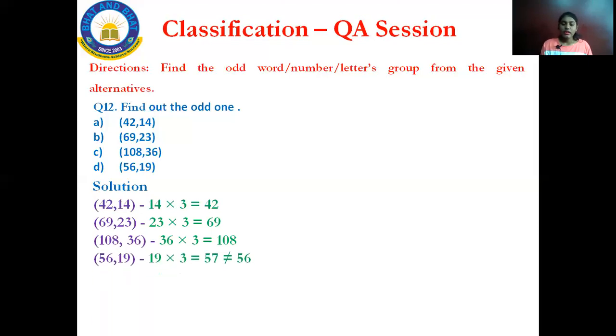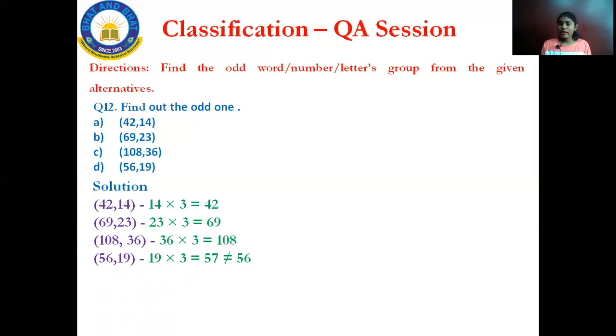But see here, 19 and 56. The fourth pair is 19 and 56. 19 into 3 is equal to 57. 19 ones are 19, 19 twos are 38, 19 threes are 57, not 56. Now this pair is not correct. It's not 56, it is 57.